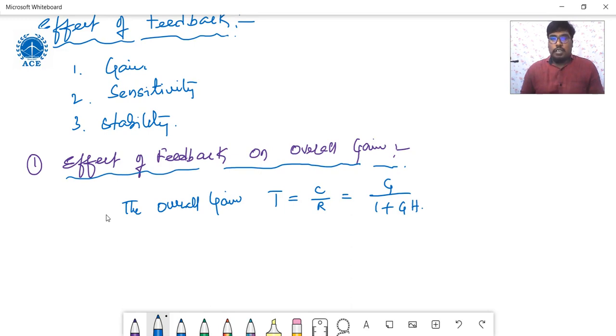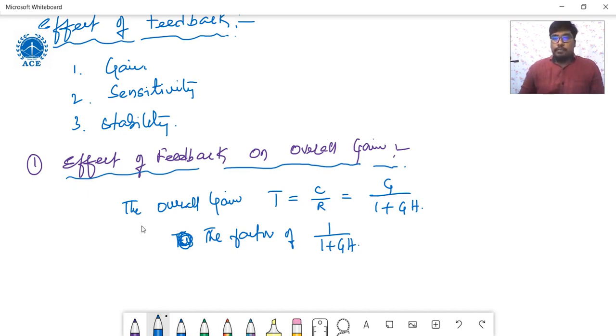So this is the overall transfer function we have, right? So what we need to consider here is the factor of 1/(1 + GH).